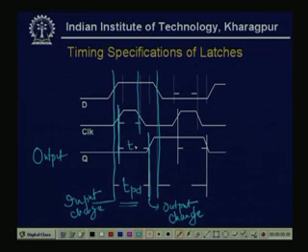So, this is again with respect to clock the propagation delay Tp, and as usual this is my setup time, that before the clock changes, this should be the setup time and hold time. So, these are the two timings.